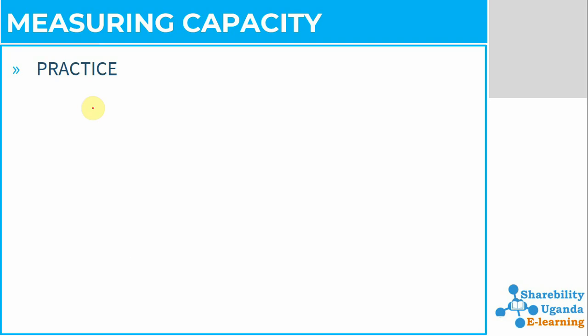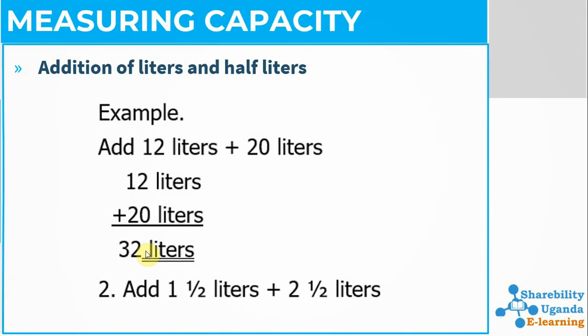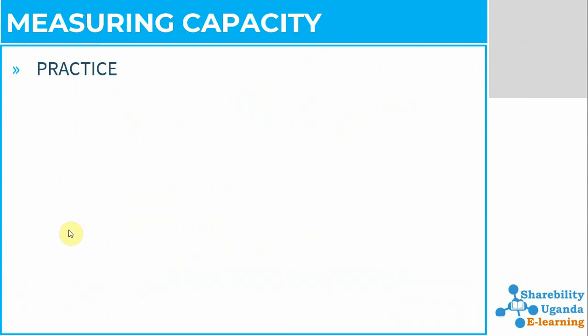We have our question. They are saying add 1.5 liter plus 2.5. How do we add these numbers that are in halves? Add 1.5. A half is 1 out of 2.